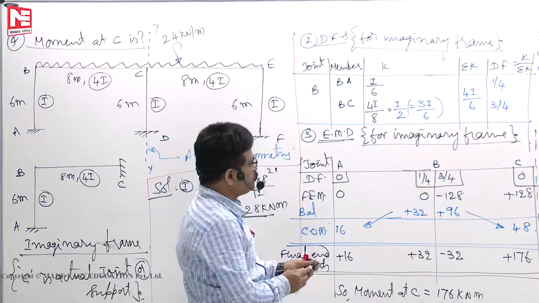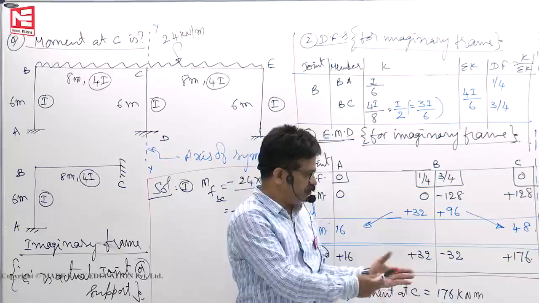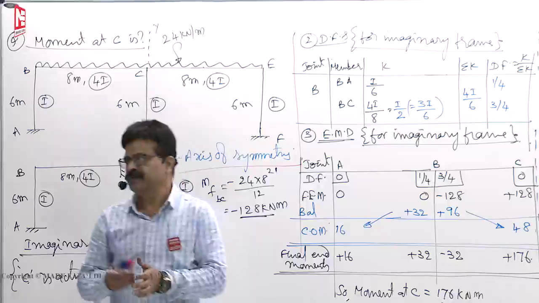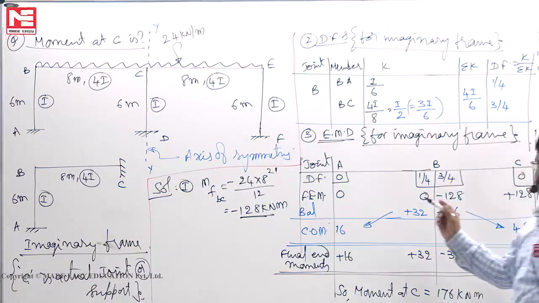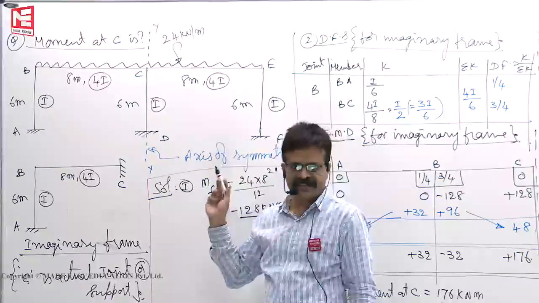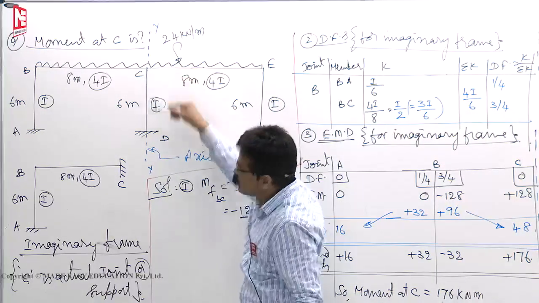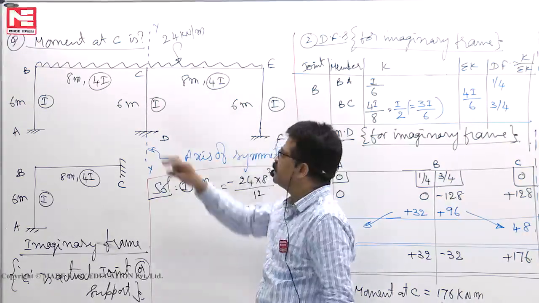Okay. Now at least in one problem we will see how, with opposite sign, we have to write on the other half of the beam or frame, as I have told you. So we'll see that here in the process. Moment at C means simply 176, you have written. Now I want to know what is the moment at C in the column CD, say. If they ask, then you must answer this way.